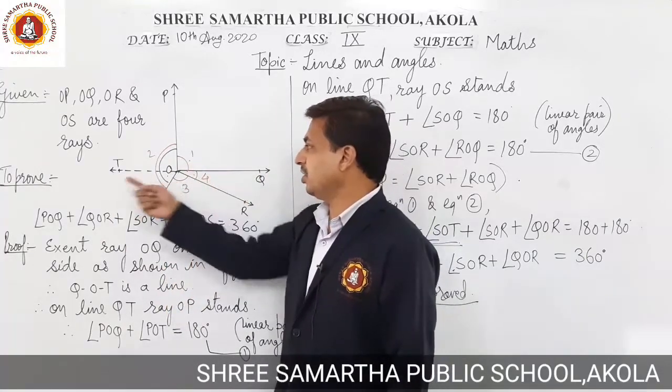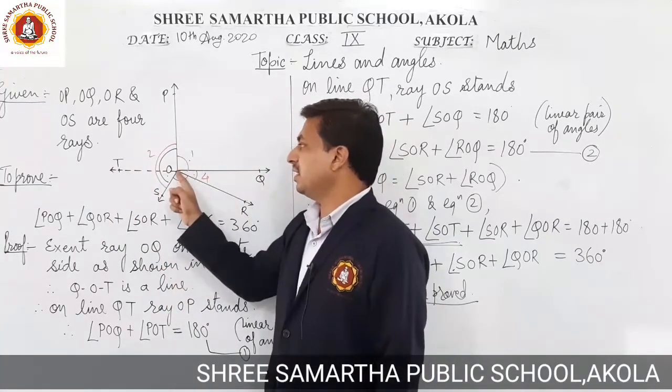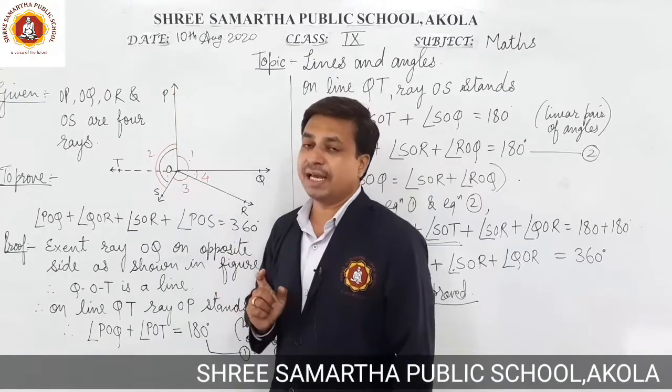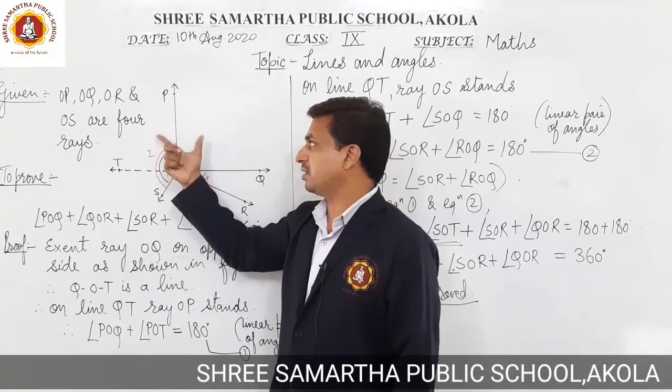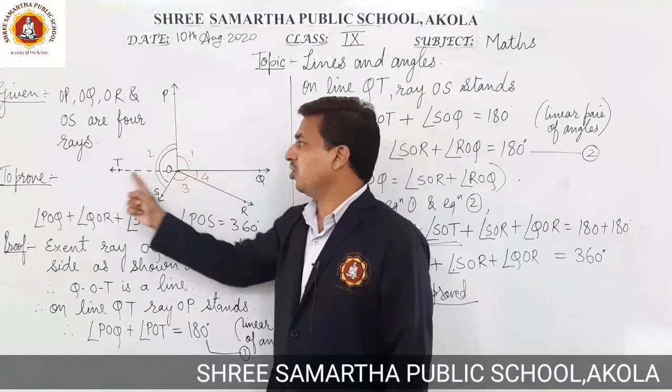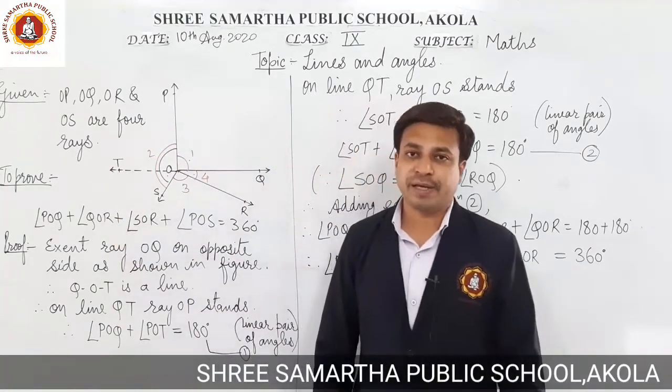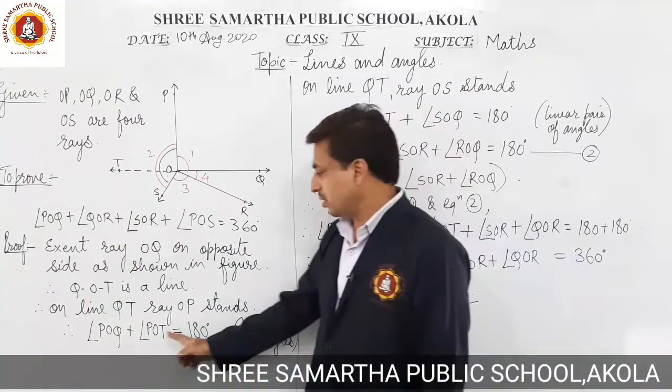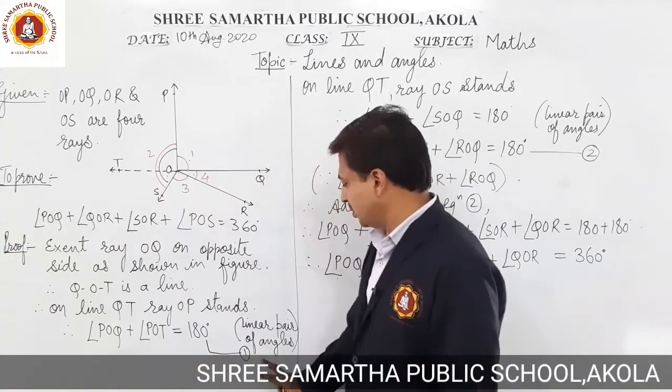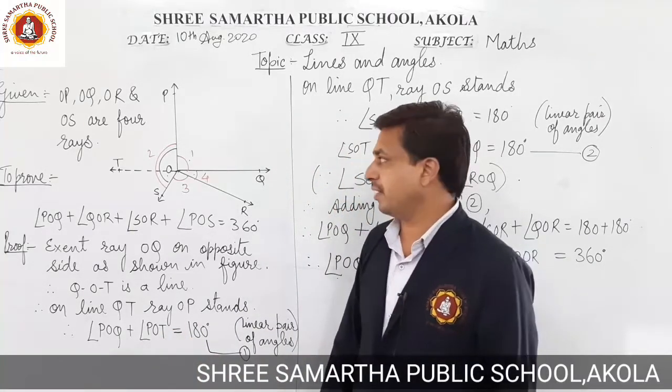Now after getting QT as a straight line, this ray OP stands on the line. So these 2 angles POQ and POT will be a linear pair of angles. So the sum of these 2 angles will be 180, because they are a linear pair of angles.